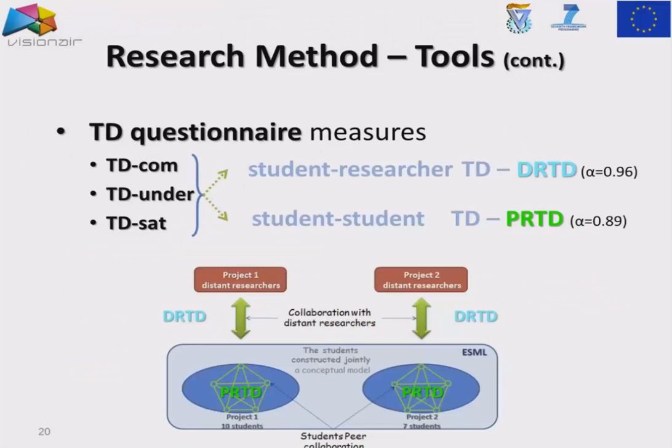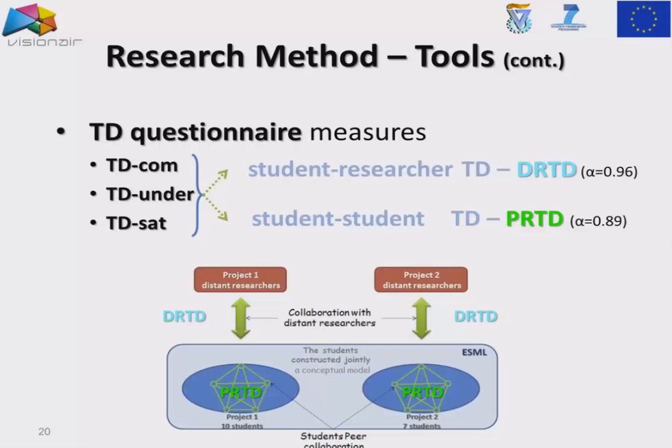And we measure those 3 factors in 2 situations. First, between the peers, called peers transactional distance, and between the peers and the distant researchers, called distant transactional distance. So the blue titles, DRTD, is the distant transactional distance, and PRTD, the green one, is the peer transactional distance.